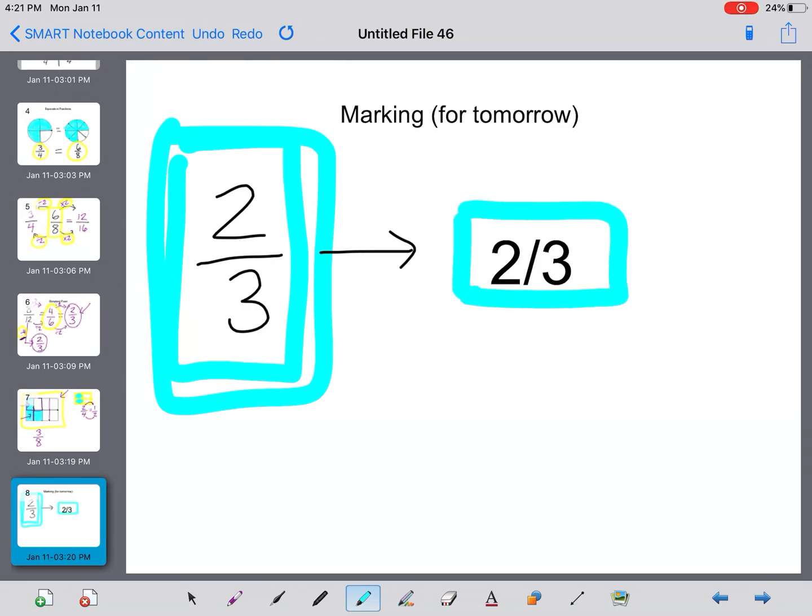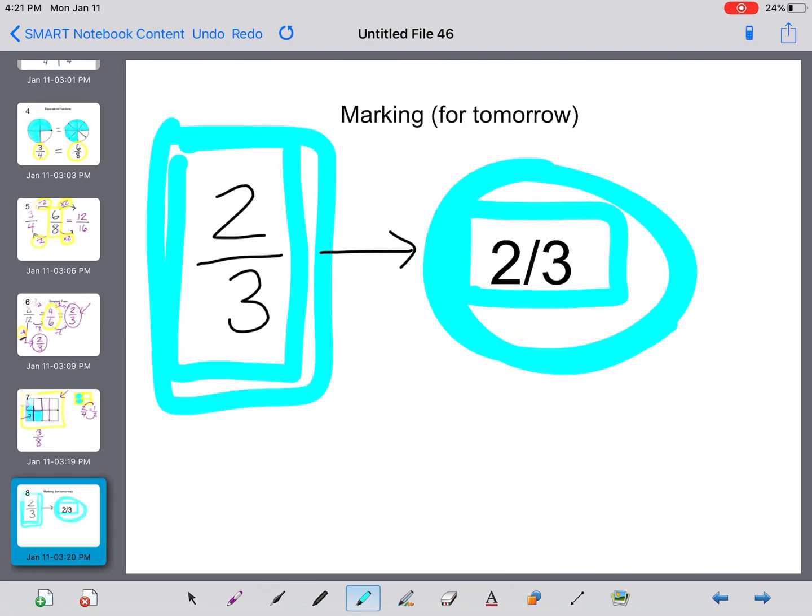Like when I type in, for instance, the answer key, this is what the fraction is going to look like on your computer screen, but it means the exact same thing. It still means 2/3. So that's just something to be aware of for tomorrow, and also for the rest of these online lessons. That is what your fractions are going to look like on Teams.